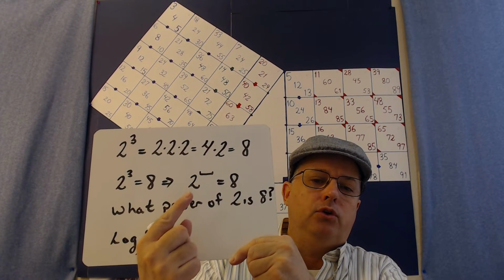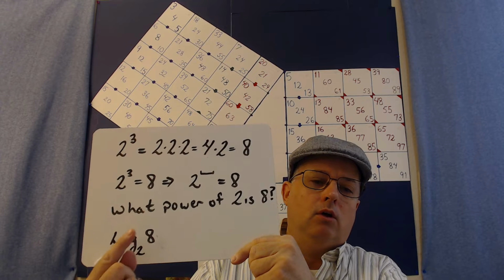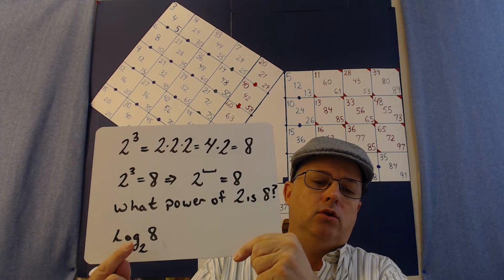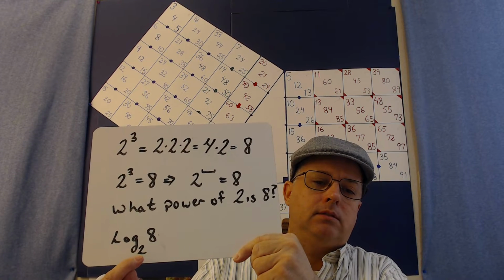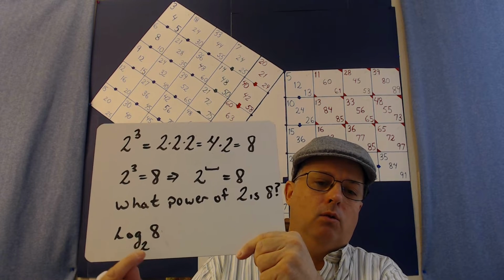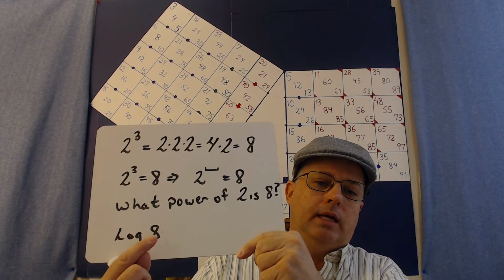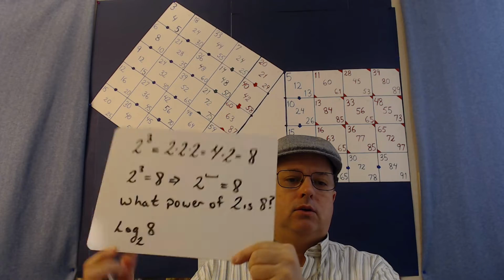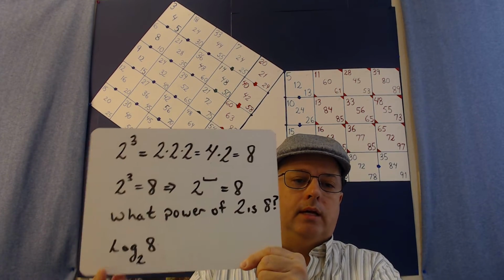The logarithm is asking the same question. What power of the base is 8 here? What power of 2 is 8? And since 2 to the third is 8, then we say log base 2 of 8 is 3.